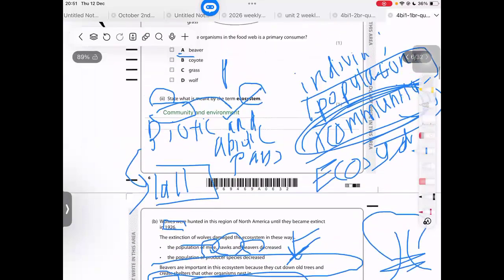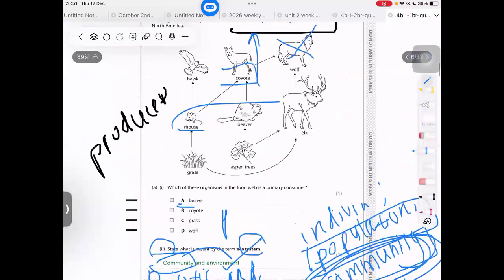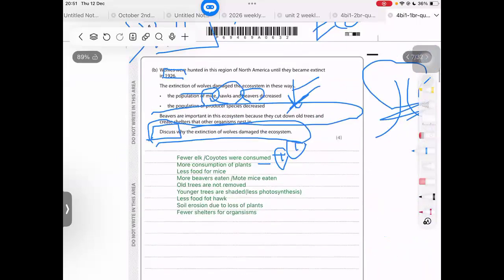And also, when the coyotes increase, the number of mice and the number of beavers would decrease. Why? When there are more coyotes, that means there are more predators for the mice and the beavers. Therefore, more mice and more beavers will be eaten. For that, you get 1 mark.